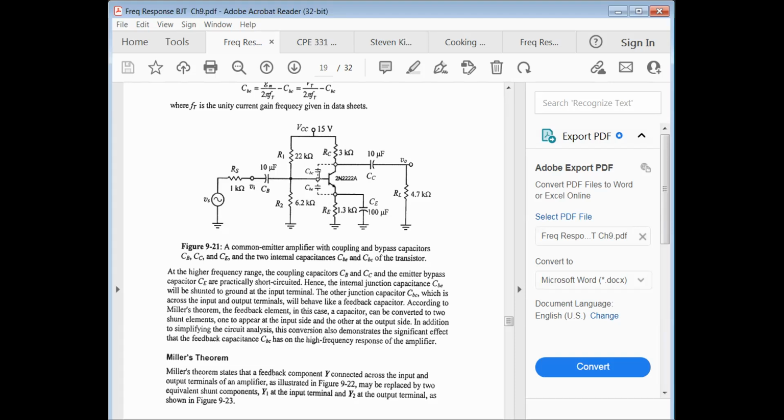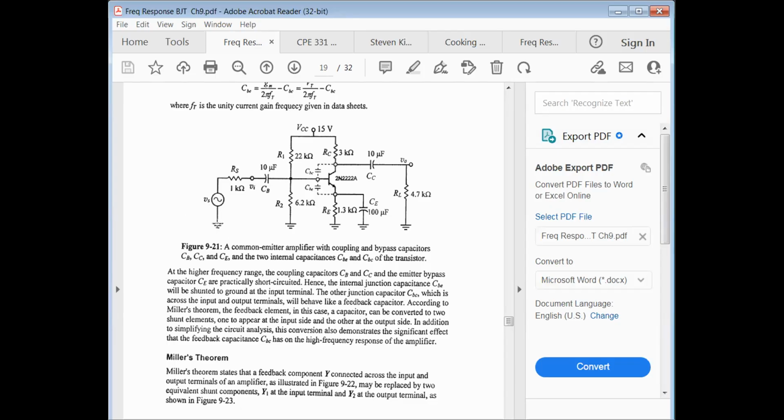There's also a diode junction between your base and your collector, and if you have a diode junction, you have capacitance. So this is C sub BC, internal junction capacitance from the base to the collector.